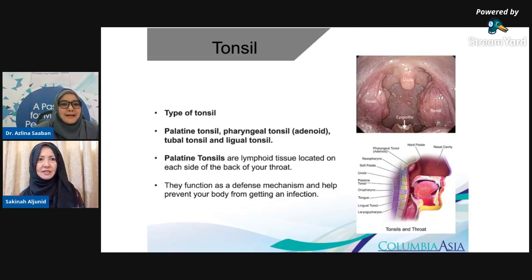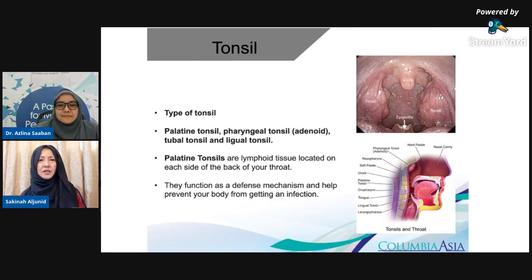That one is the uvula, at the center. The tonsil is at the side, two, right and left. A pair. The other tonsils, like the lingual tonsils and adenoid, you cannot see yourself. The doctor can see them by doing scopes.